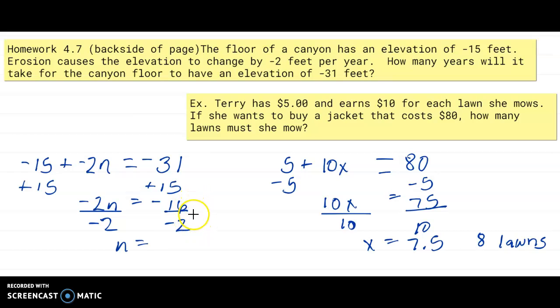My rules for multiplying and dividing integers are that if both signs are the same, my answer is positive, and if the signs are different, my answer is negative. Well, I have a negative 16 divided by a negative 2, so my signs are the same, so my answer is going to be positive. So that means the elevation has to change by 8 feet. So it's going to lose 8 feet in elevation per year.